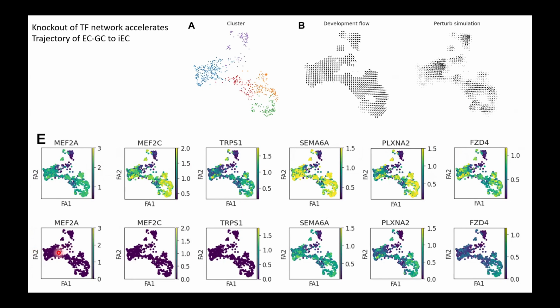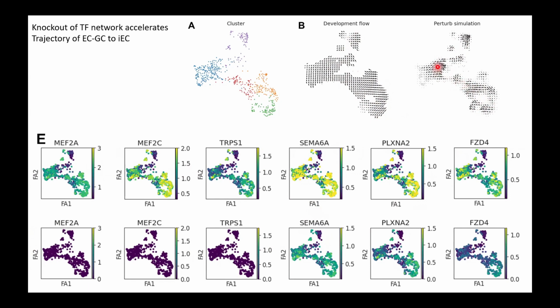And this is after the knockout, so you can see that those three have zero expression, as is expected. And you can see that there's this loss of SEMA6A and PLXNA2 along the endothelial cells. And also, this is the trajectory from the glomerular capillaries to the injured endothelial cells, the first one that I showed. And you can see there's essentially, it speeds up the progression, right?